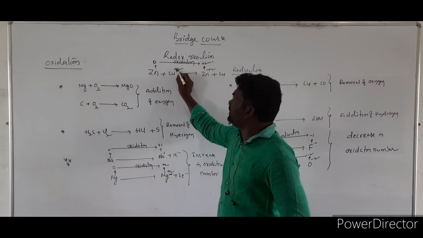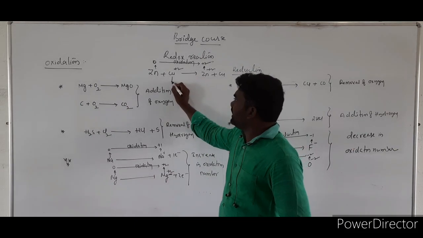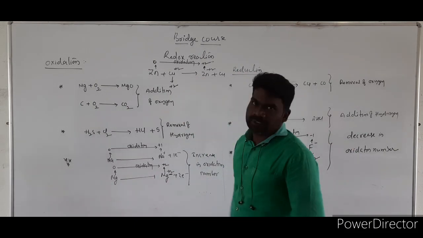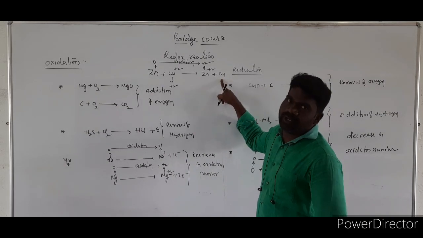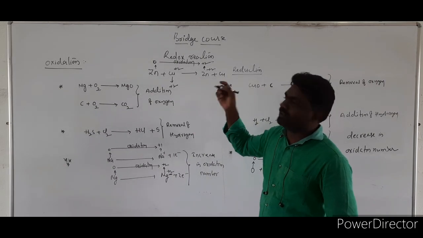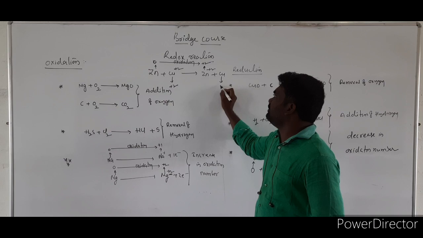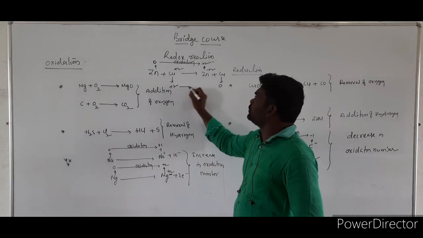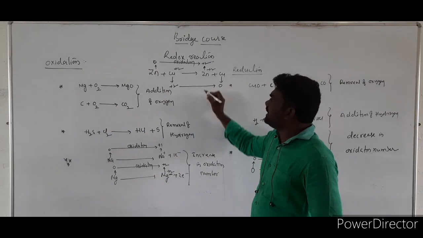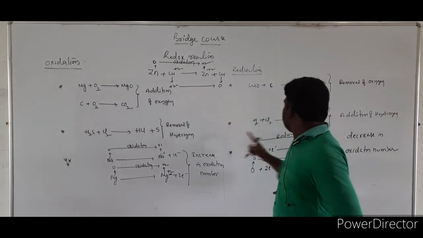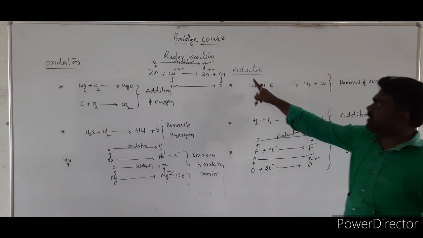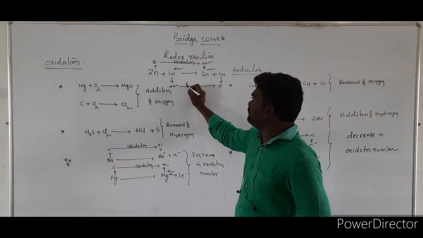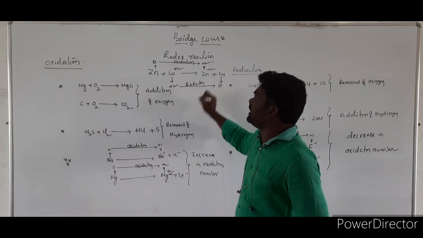Copper has a charge of plus 2. It is an element in the product, and in the elemental state the oxidation number is 0. So plus 2 to 0, the number is decreased. Decrease in oxidation number is reduction.